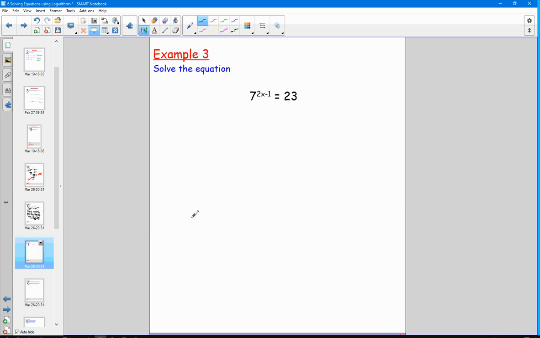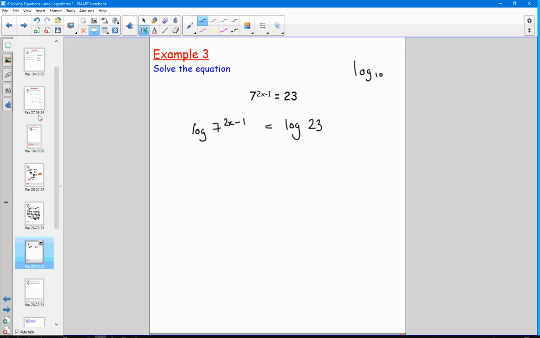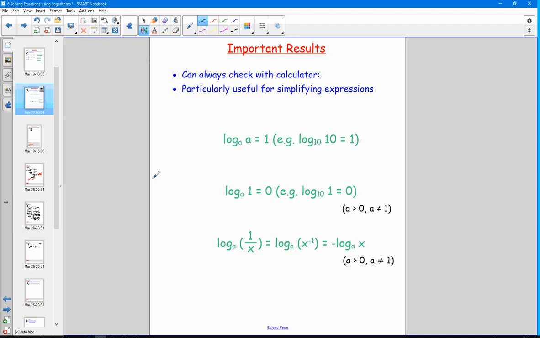So I'm just going to have a look at one more similar sort of equation to what we've done, and again we would just take the log of both sides. So we get log of 7 to the 2x take 1 is equal to log of 23, and most people would probably use log to the base 10, but sometimes in exams they tell you what log to use, what base, because sometimes there's some useful simplifications that perhaps make use of some of these rules.